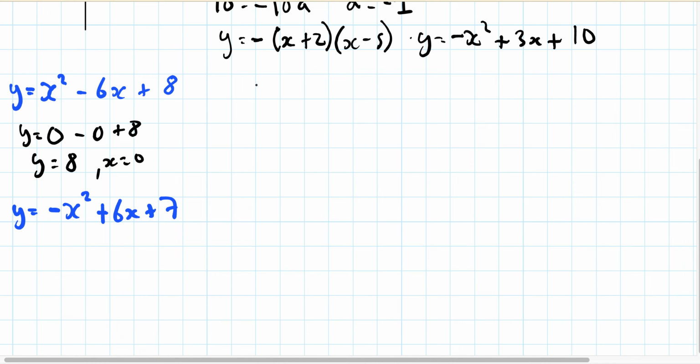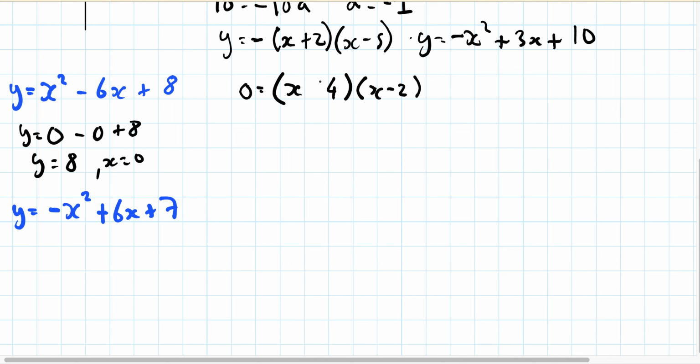Next up, we're going to factorize it to find the roots. So we know 0 equals, let's factorize it, (x ...)(x ...). It's going to be 4 and 2.